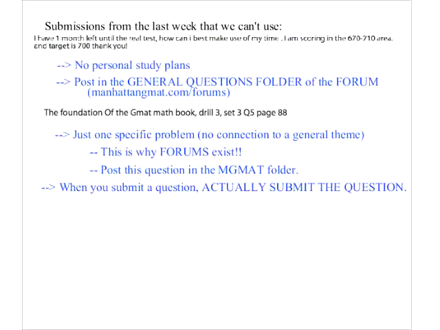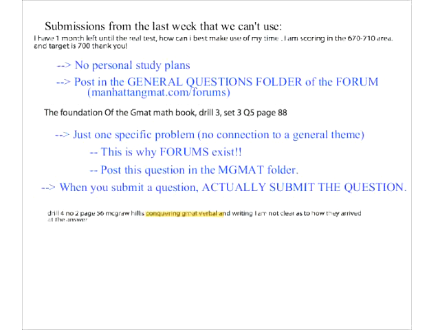And then probably the most questionable submission that we've had in the last couple of weeks was this. Someone wrote, drill number 4, number 2, page 56 of McGraw-Hill's Conquering GMAT Verbal. I don't know what's going on here, but I think whoever submitted this must assume that we have all of these books.